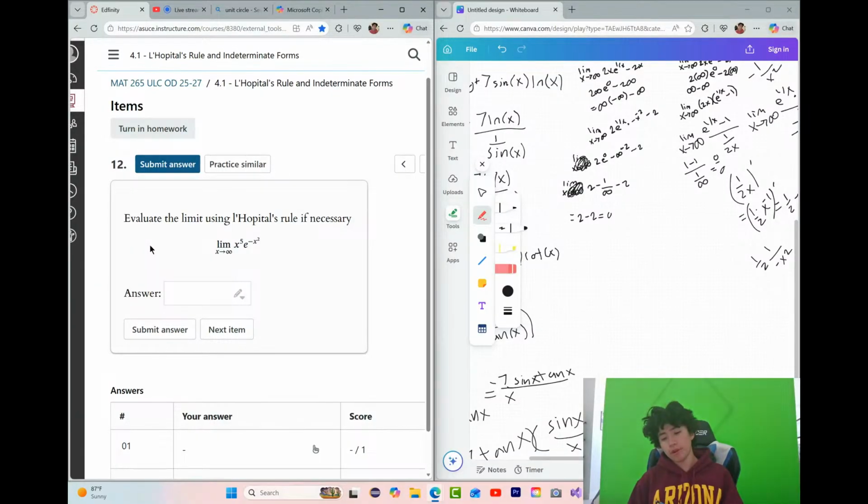E to the power of negative x squared, and you just do the derivative of the inner function.